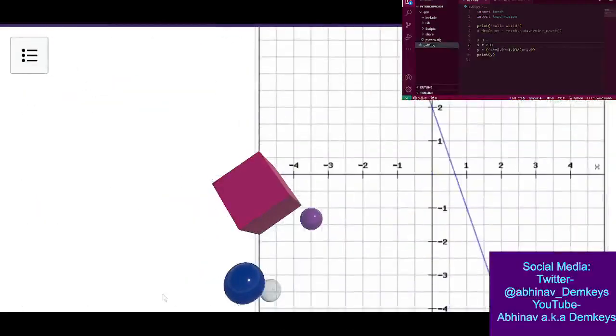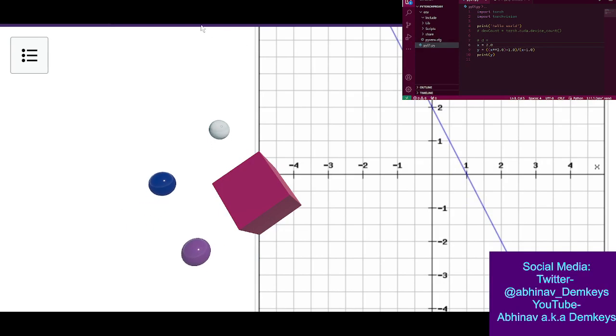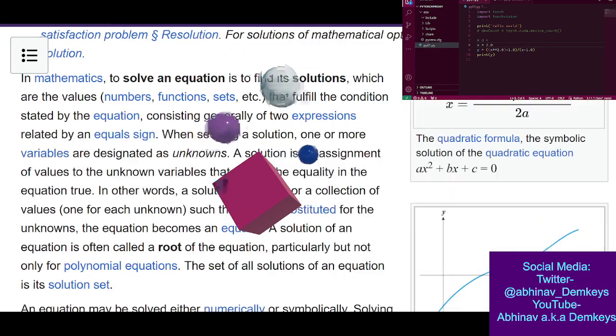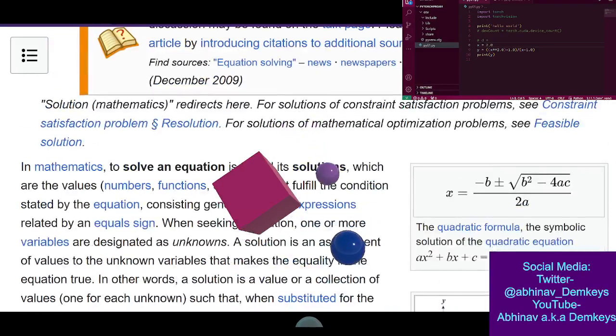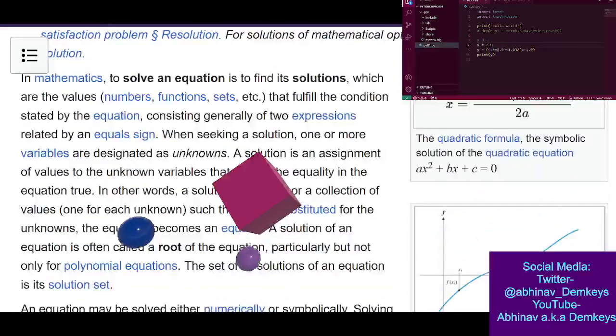I guess I'll find that out once I go deeper into this topic, which is solving equations, because I haven't done this in ages. When I say ages, I'm not even kidding. I haven't done this since back in my school years.